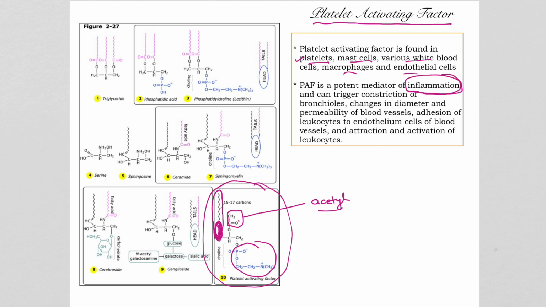It can affect bronchial constriction, change the dimensions and permeability of blood vessels, affect the sticking or adhesion of leukocytes to the endothelium so that they can go and attack whatever microbes are causing the inflammation, and it can attract and activate a lot of leukocytes. So it is a very important mediator of inflammation.